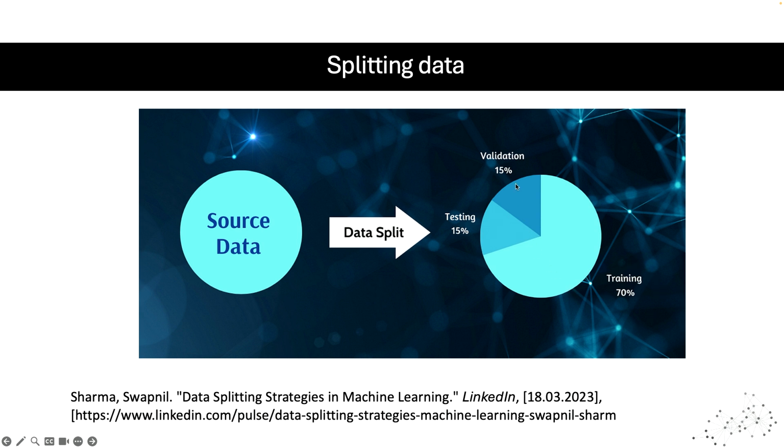Then the validation data set is necessary to continuously check the performance of our model during the training process. So this validation data set is necessary to tune the hyperparameters of the model.